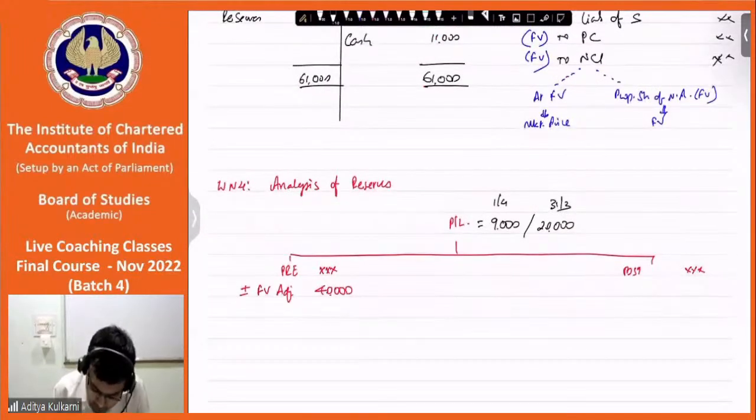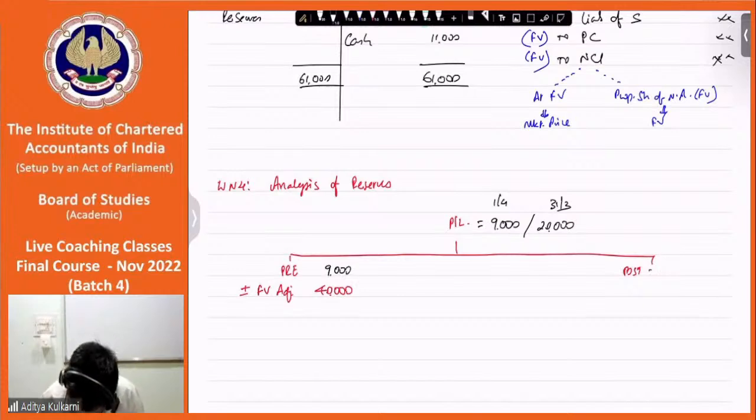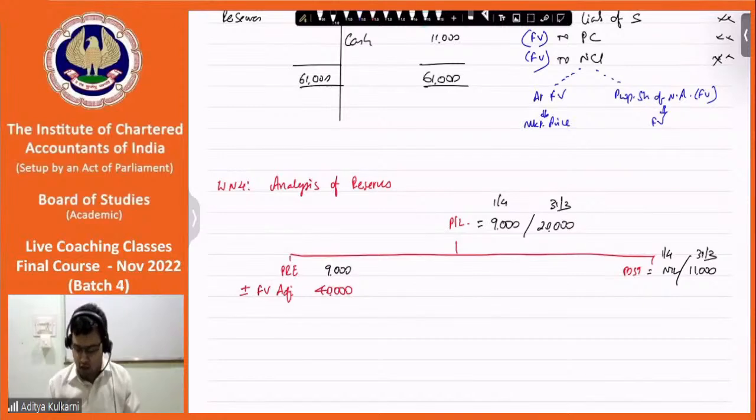So pre-profits would be 9,000 and post-profits would be 0 on 1st April and 11,000 on 31st March. 20 minus 9, 11,000. 9 minus 9, 0.